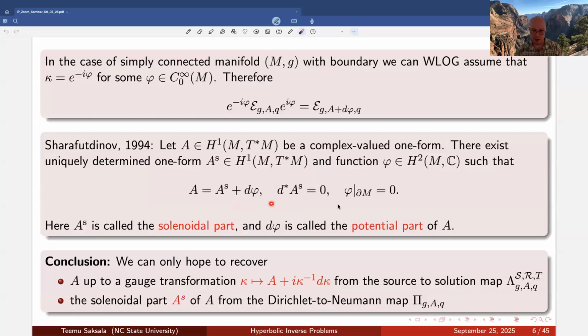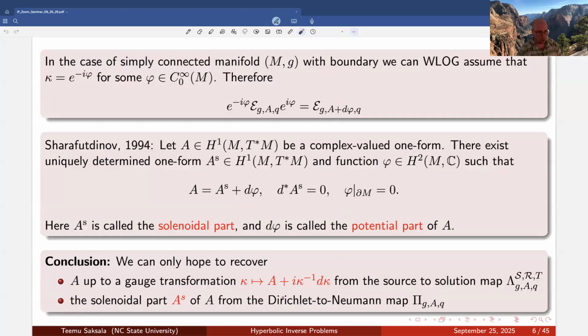The solenoidal part is divergence free, and the potential part is the differential of some function which vanishes on the boundary. So what we see here is that I have basically the freedom of changing this part however I want, and my measurement does not change. The Dirichlet-to-Neumann map in this case would not change.